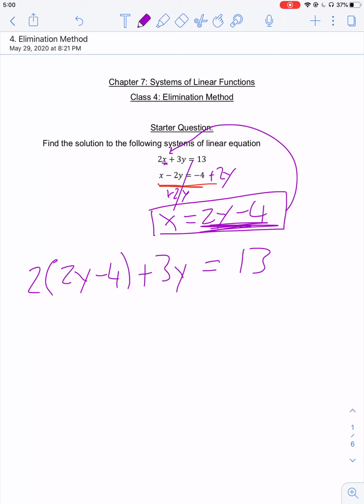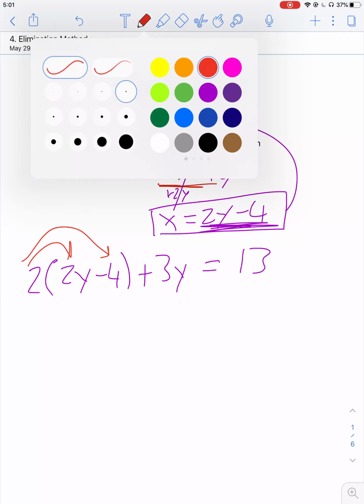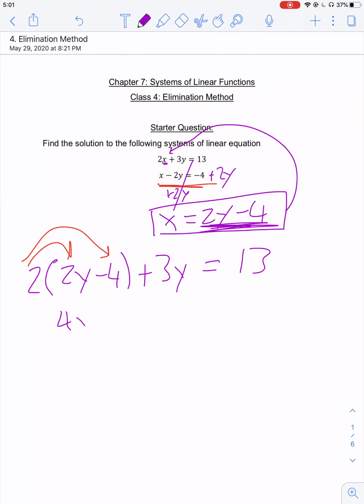Again, remember the reason why we're using the substitution method is that now we only have one variable to deal with, and we can easily solve for that variable. So it's kind of like getting rid of one of your variables. Get rid of your brackets, because you have to combine like terms. So distribute this, and when you do that, you're going to get 4y minus 8 plus 3y is equal to 13.